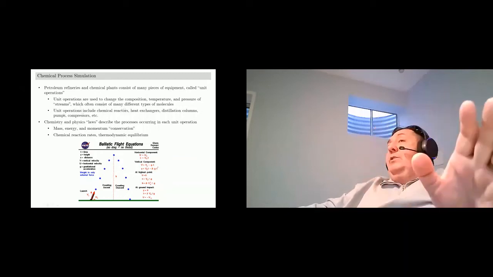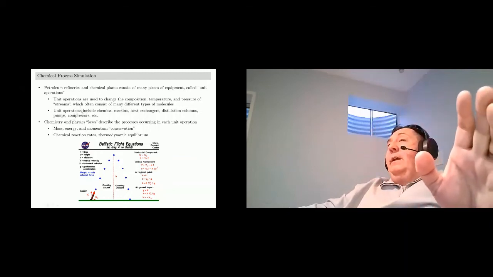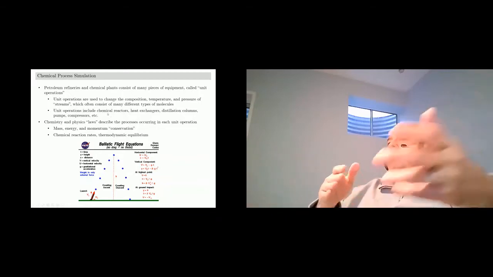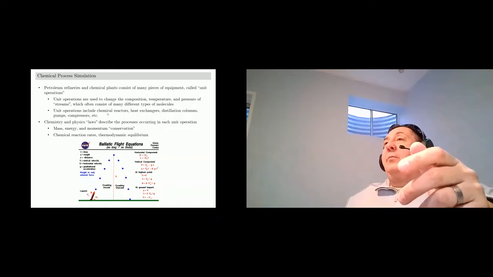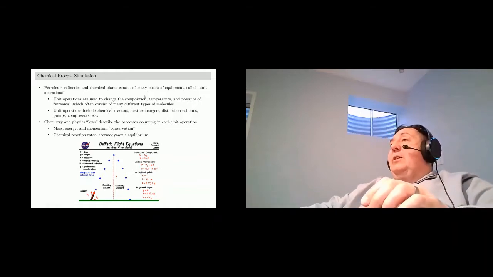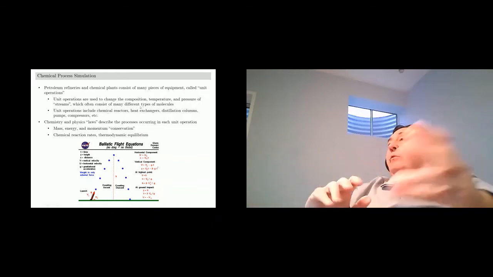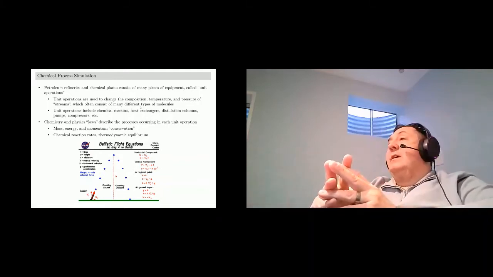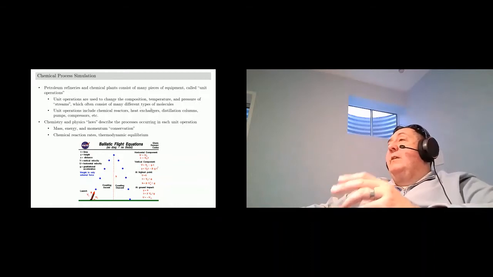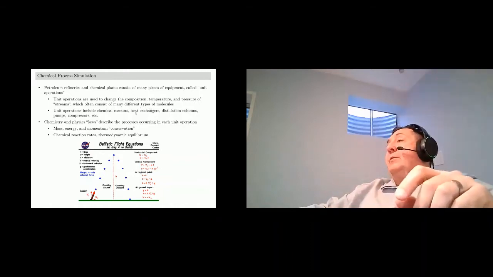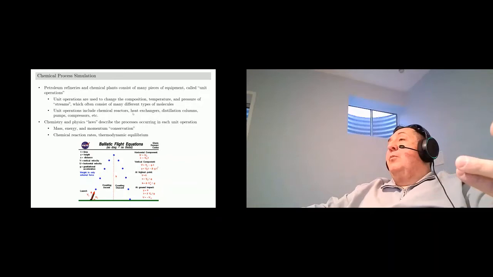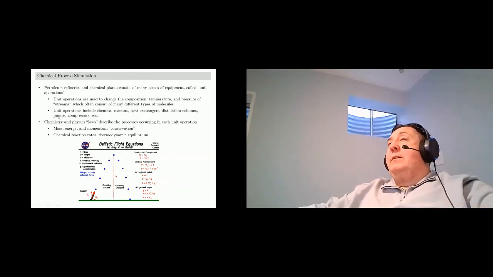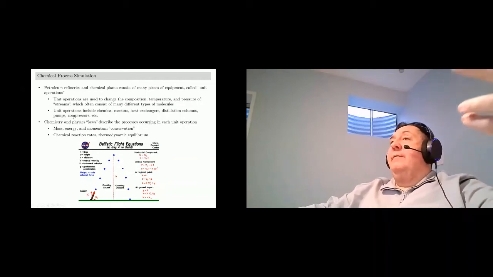Now, the unit operations in a chemical plant or a refinery will include things like chemical reactors that are used to convert feedstocks into saleable products, heat exchangers that are used to either add or remove heat from streams to change their temperature or their phase conditions, distillation columns that are used to separate different molecules based on their differences in boiling points, and then pumps that increase pressures of liquids, compressors that increase pressures of vapor.